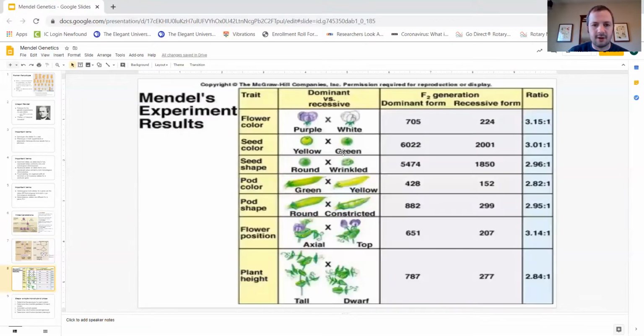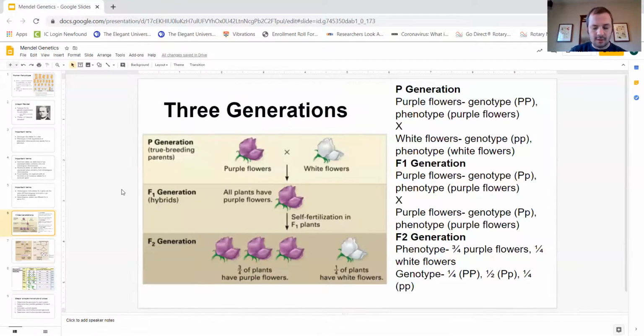He did this for all sorts of different characteristics found in pea plants and found this same ratio that we'll talk about popping up. So he bred what he called his pea generation. These were his true breeding plants that always provided purple flowers to purple flowers, white flowers to white flowers.